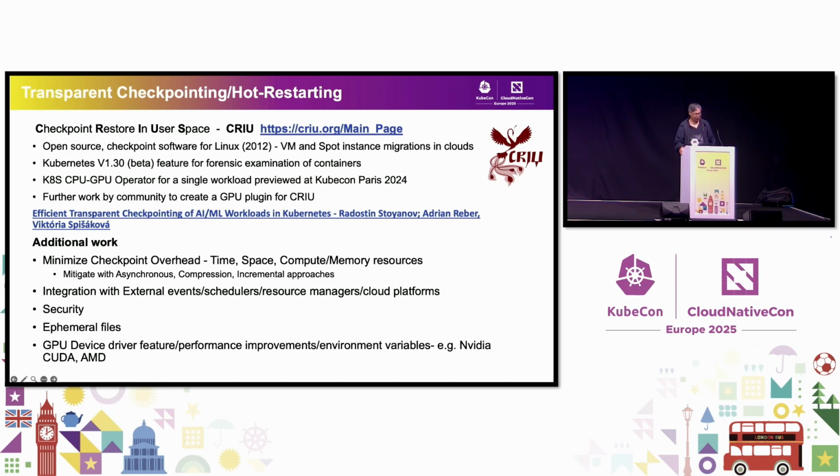From our experience working with HPC batch workloads, we are focused primarily on reducing the checkpoint production interruption time, the space consumed by the checkpoints, and the compute and memory resources used to execute these checkpoints.